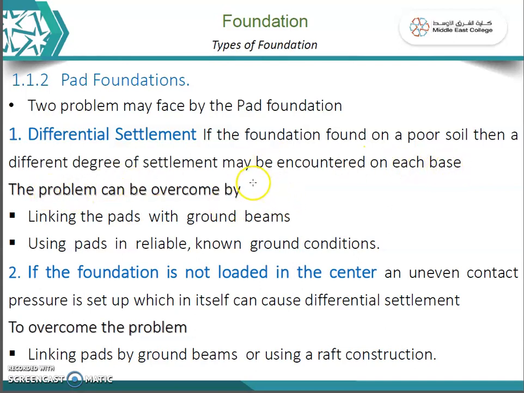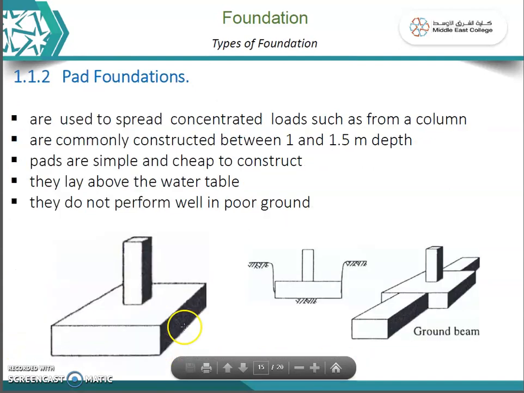The solution is using pads in reliable, known ground conditions. If the foundation is not loaded in the center, uneven contact pressure is set up, which in itself can cause differential settlements. To overcome the problem, link pads by ground beams.